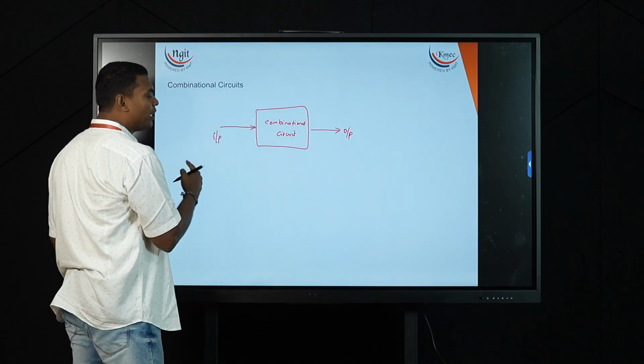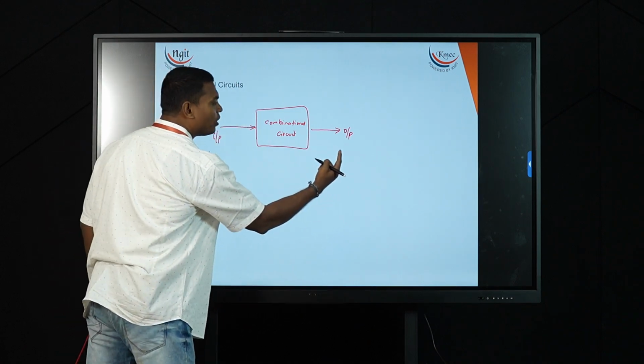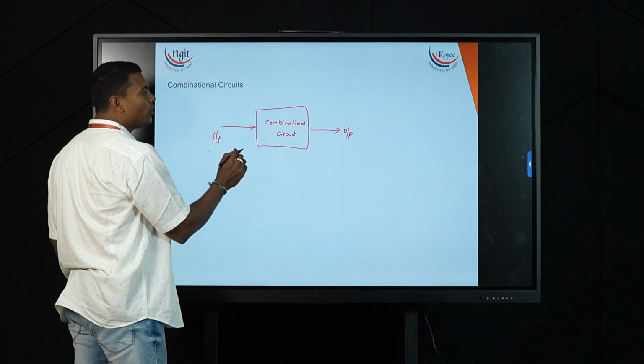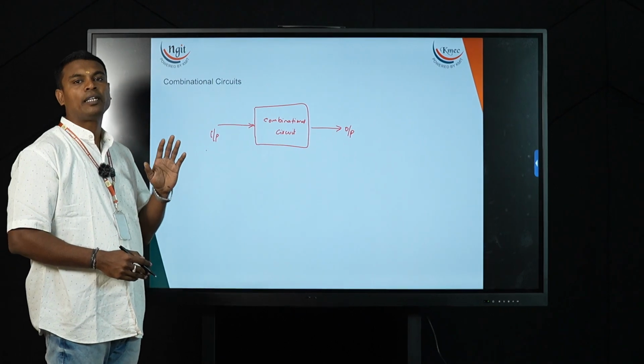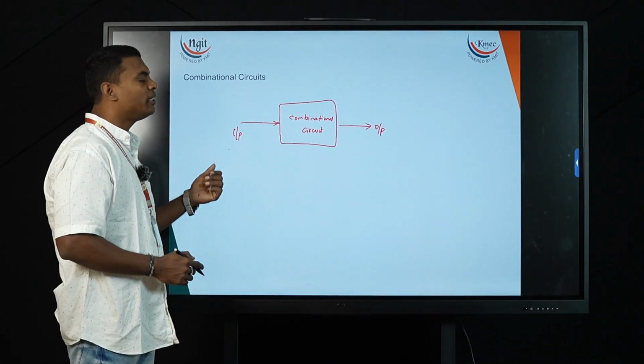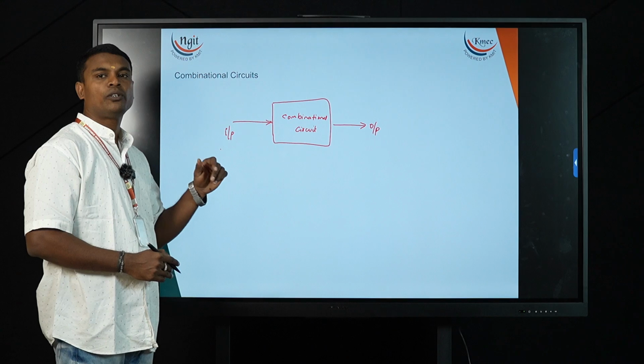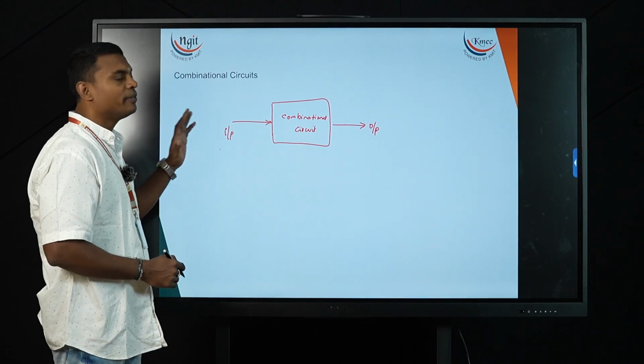The circuit should contain inputs and outputs, and it should not contain any kind of feedback paths. So for a perfect definition, I can call a circuit without a feedback path a combinational circuit.